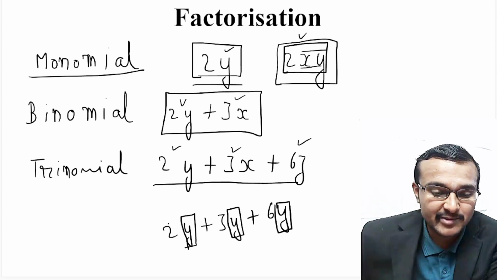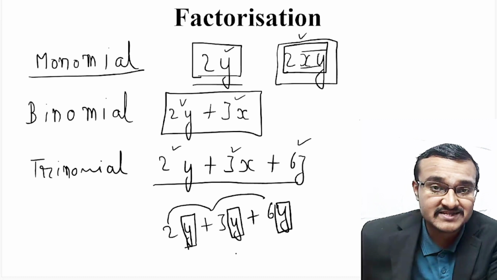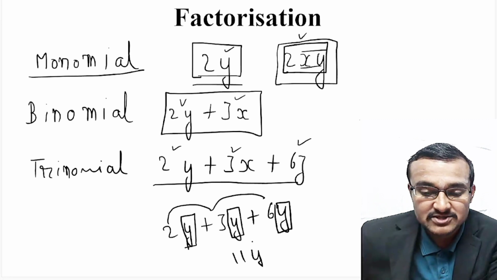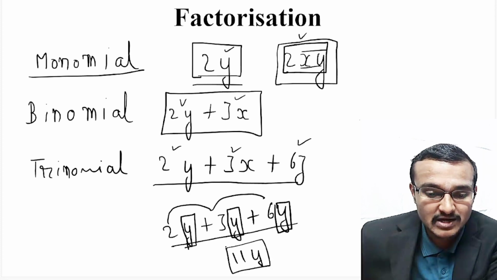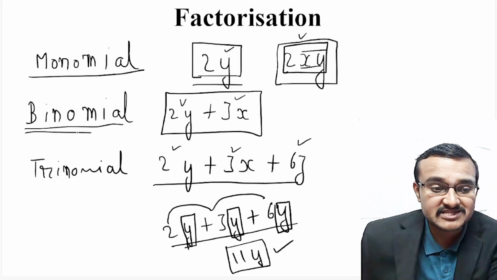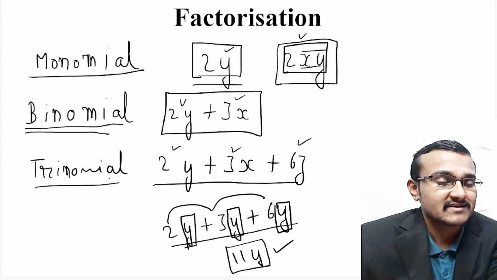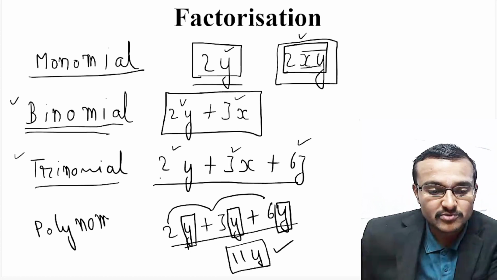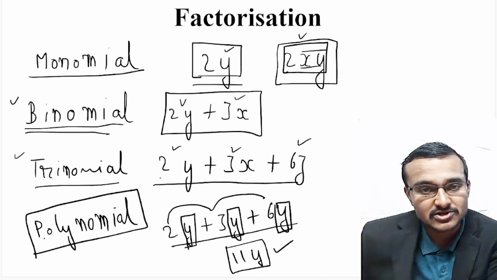So you can easily perform addition between these 2, 3 and 6. So 2 plus 3 is 5, 5 plus 6 is 11y. So this particular algebraic expression, I can reduce it to 11y. So again it will become a monomial. Any algebraic expression which is binomial and trinomial or greater than that is known as polynomial. So here binomial is also a polynomial, trinomial is also a polynomial.